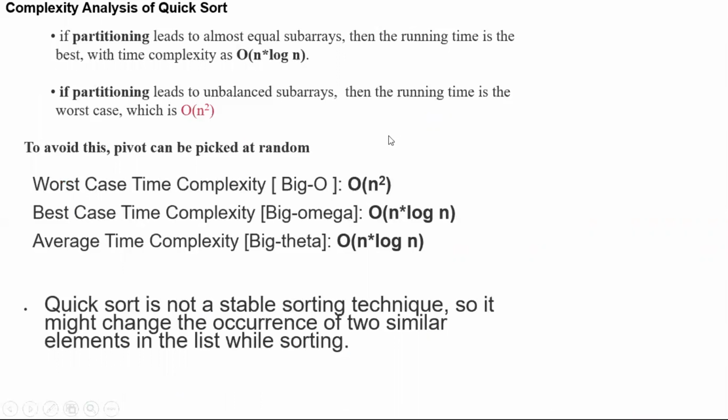Regarding time complexity, in the worst case, the complexity of quicksort, big O, is n square.